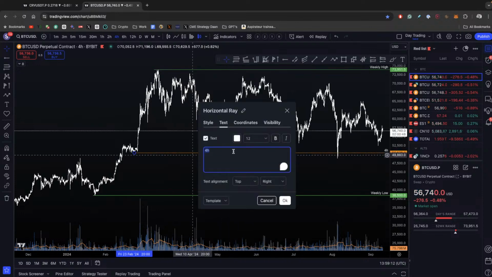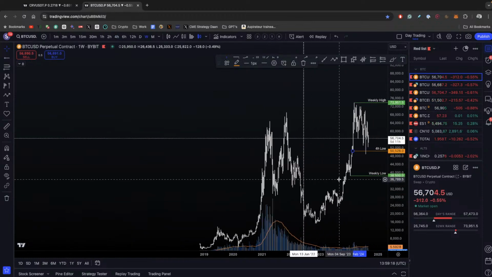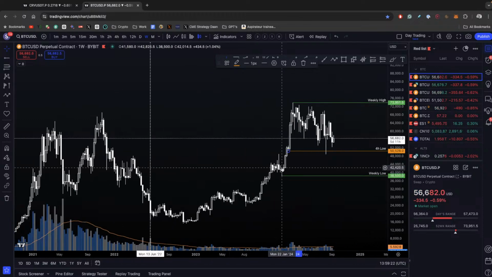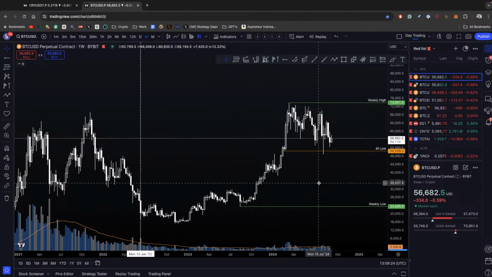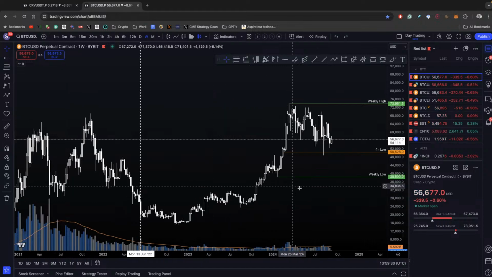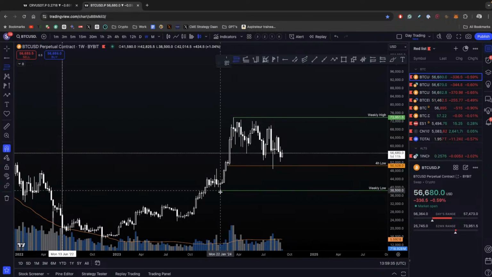I know a lot of people would call it daily. I'll just call it 4 hour. So for me, the main thing is that you are still trending up, and this, I don't even know how much. I do think I like this better, to be honest. And then this would be the daily low, I guess. Let's just be aggressive and keep it like this for now.